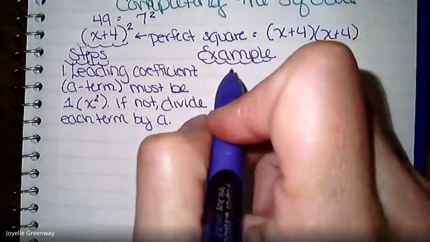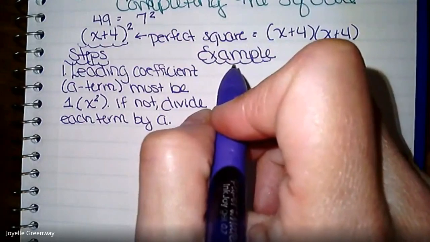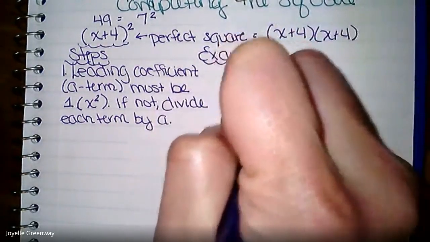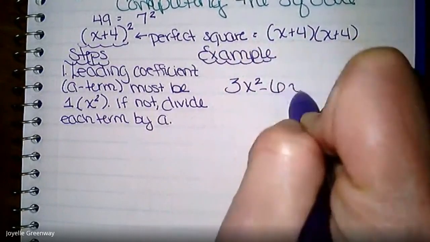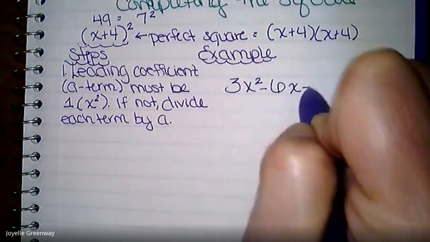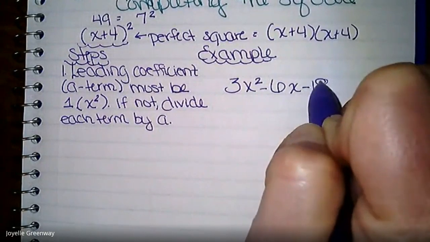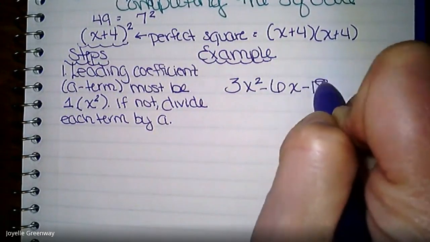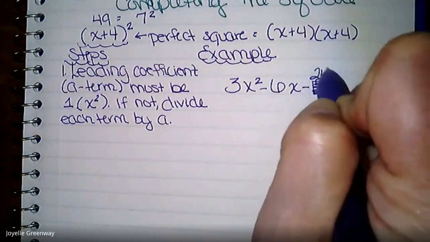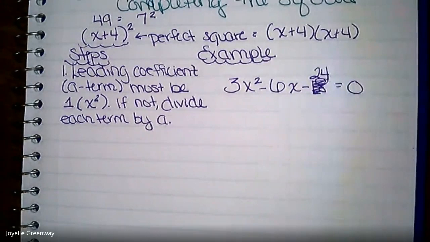If we had the example 3x squared minus 6x minus 24 equals 0 (I wrote 18, and that should say 24).